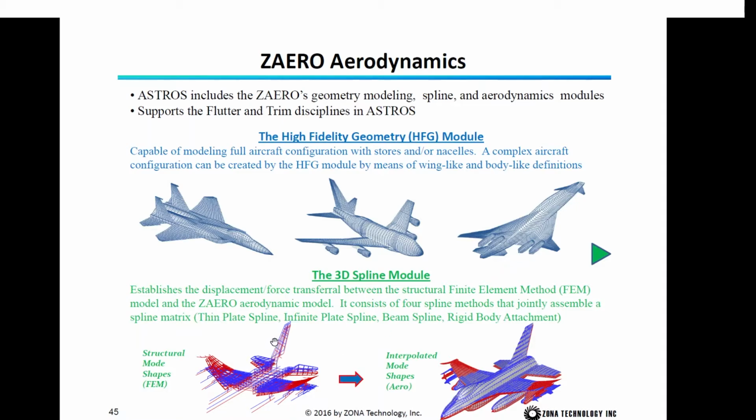And also we have a 3D spline module to spline or map the structural modes onto the aerodynamic panel model, and also map the aerodynamic forces from the aerodynamic panel model back to the structure grid.